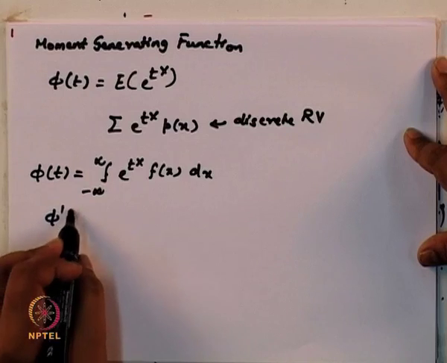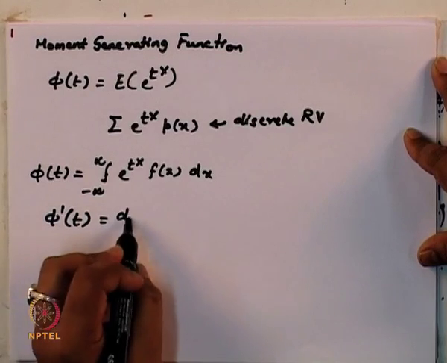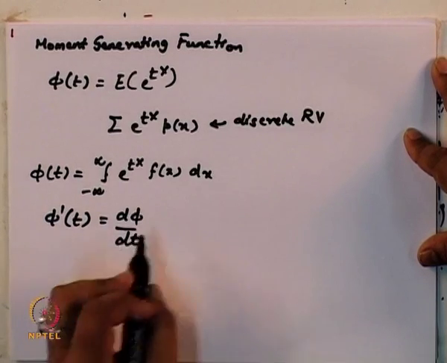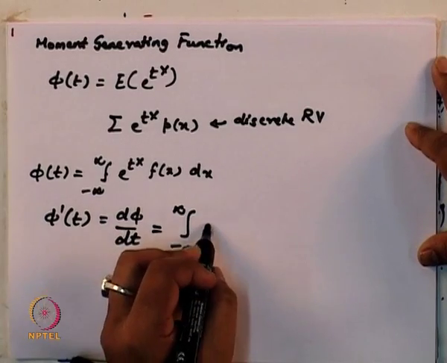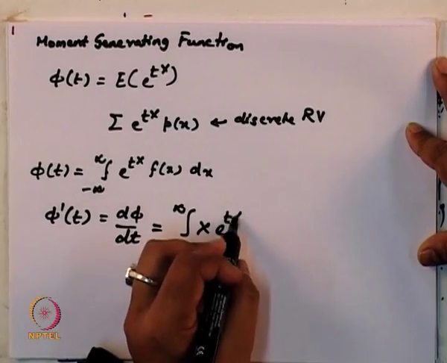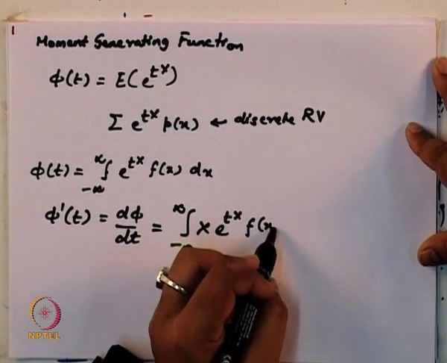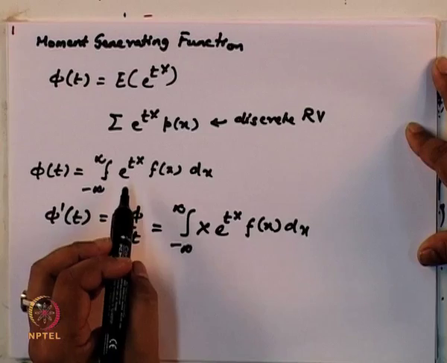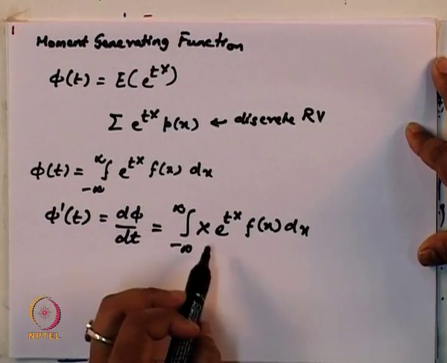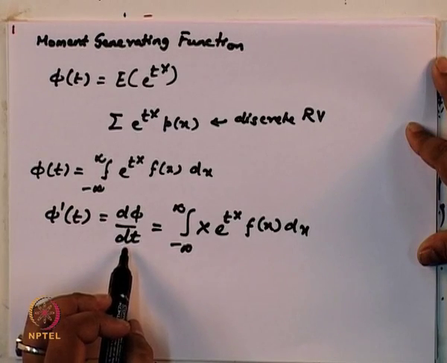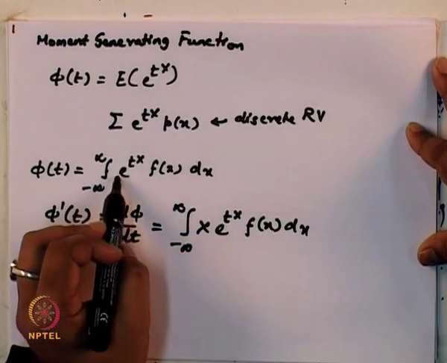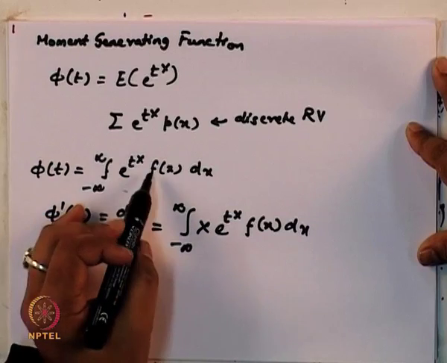So, if I take phi prime of t, which is d phi by dt, then I can write this as the integral of x e to the power t x f of x dx. Why? Because this entire function is a function of x except for this e to the power t x. So, when you take a derivative with respect to t, you only need to take the derivative of this component, e to the power t x.